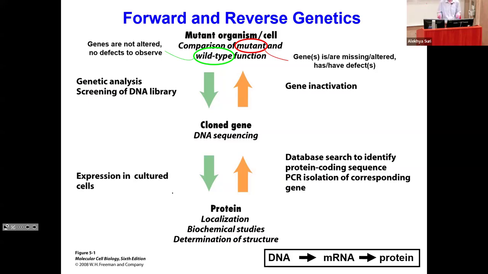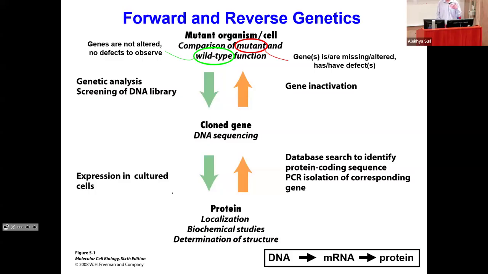And once you clone the wild type gene, this heat sensitivity should be rescued. So these mutant cells should no longer be sensitive to heat. So this is how you would clone this gene.